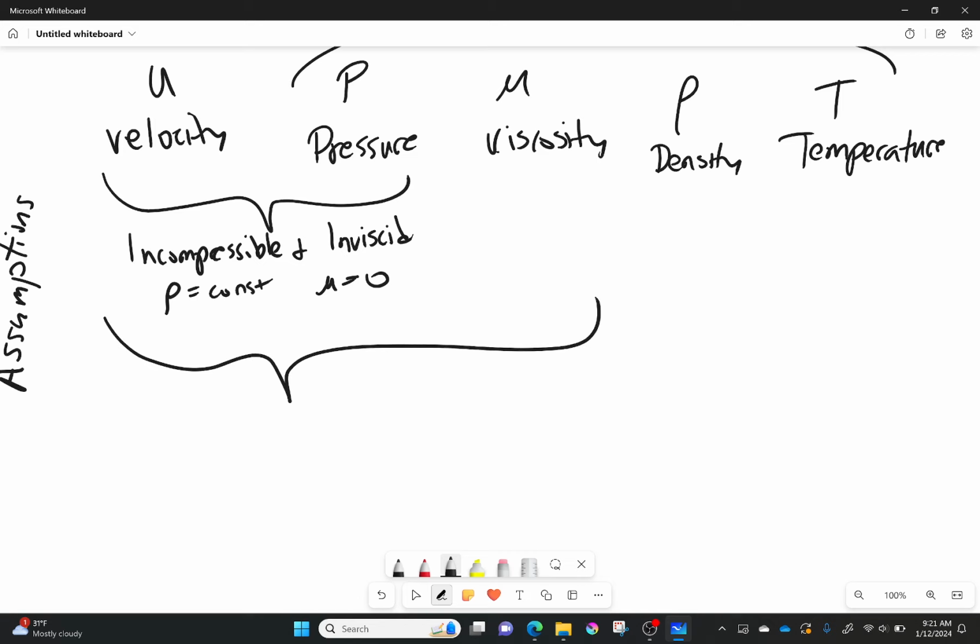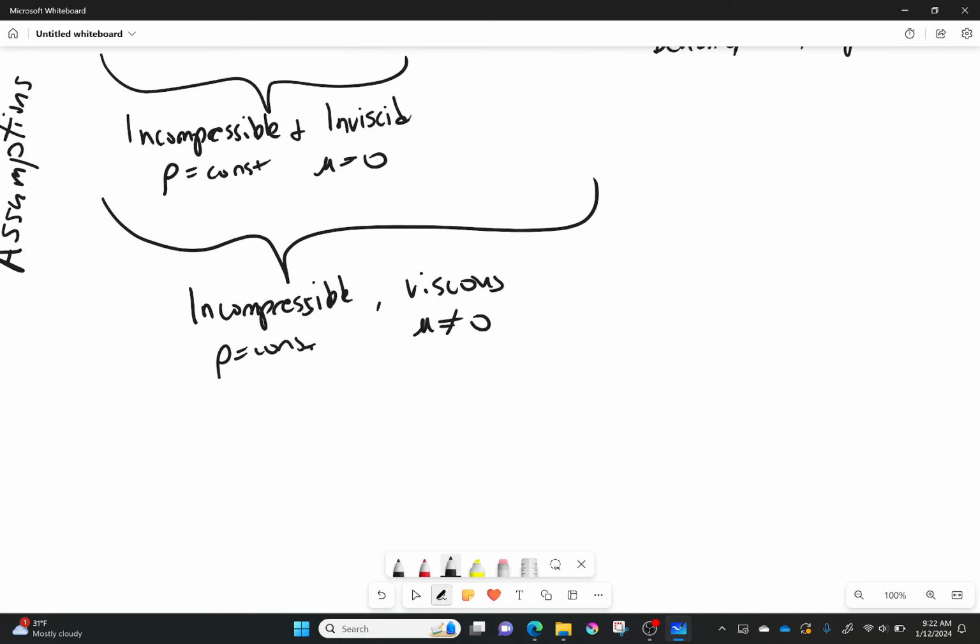Then we can have still incompressible flow, but now we also have viscous flow. So viscosity is now important because we're now saying our viscosity is not equal to 0. As a note, it's never equal to 0, but in some cases its effect is so small that it's negligible. Our density is still going to be constant. And then finally, we're really not making pretty much any assumptions.